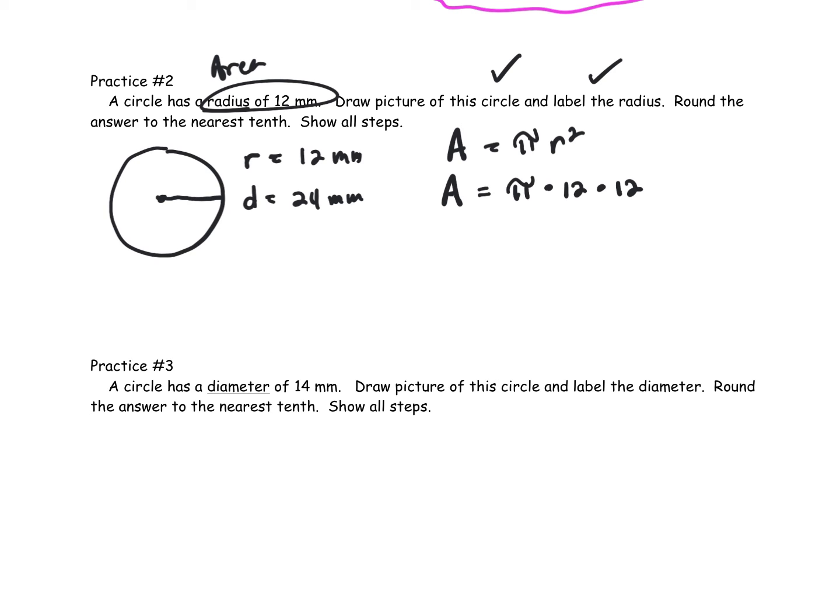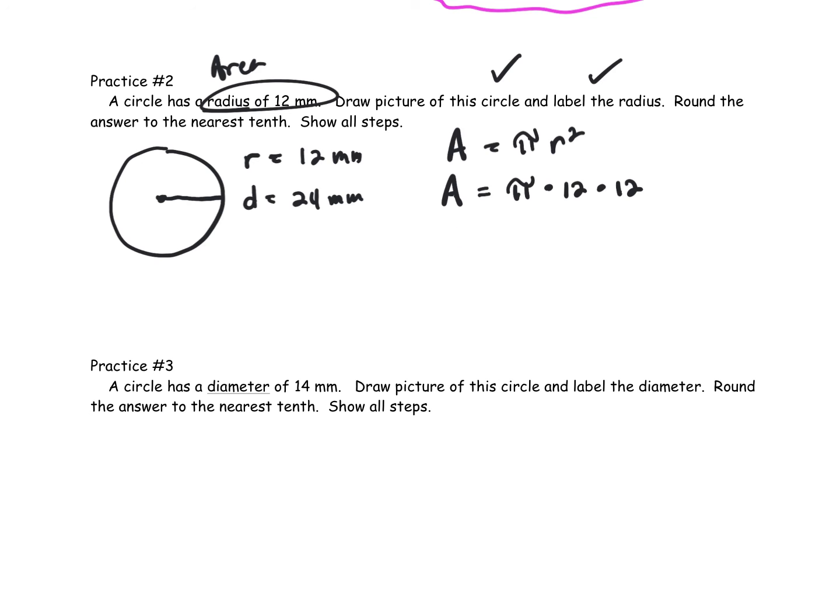They mentioned for me to round my answer to the nearest tenth. So I'm going to take 12 times 12 times pi. I usually like to use pi last. So let's take 12 times 12 times pi. And we're going to get a very long number.